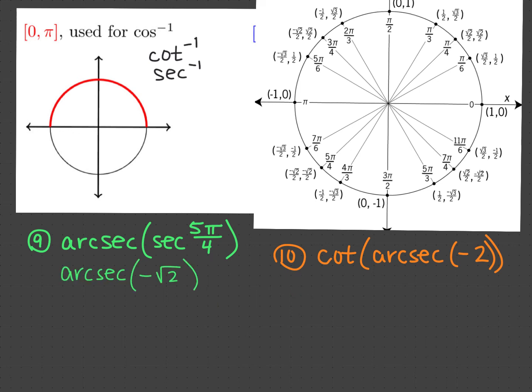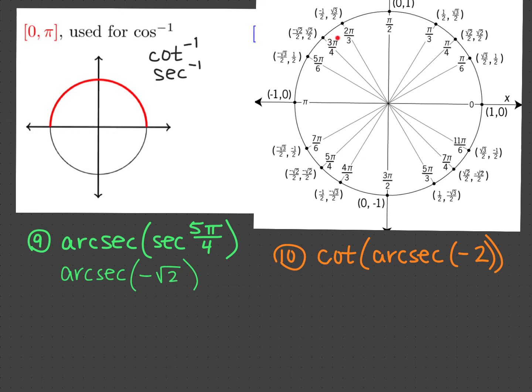Okay, so we replace the secant of 5 pi over 4 with what it equals. Again, secant's the reciprocal of cosine. Now we need to find the arcsecant of negative root 2. Well, for arcsecant, our outputs, our answers can only be in quadrants 1 and 2. Secant, I know, is negative in quadrant 2 out of those two choices. So in quadrant 2, where is the secant negative root 2?